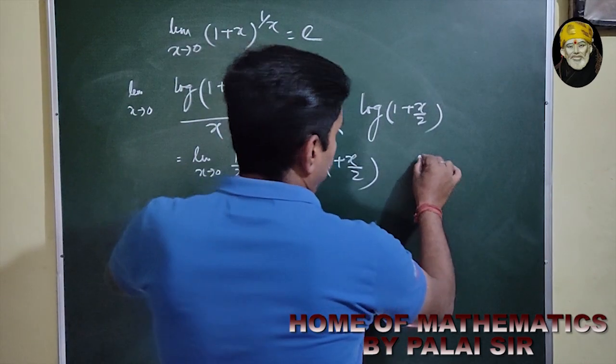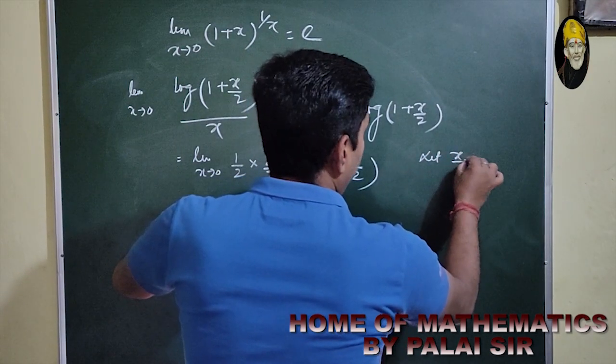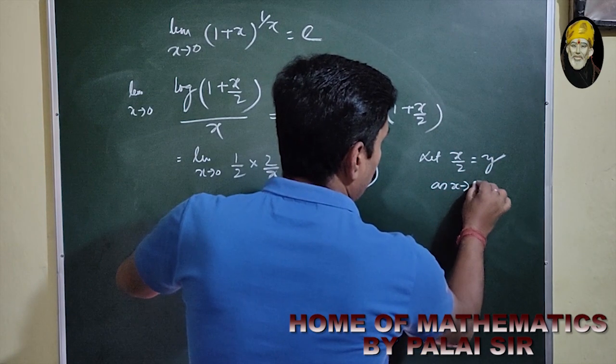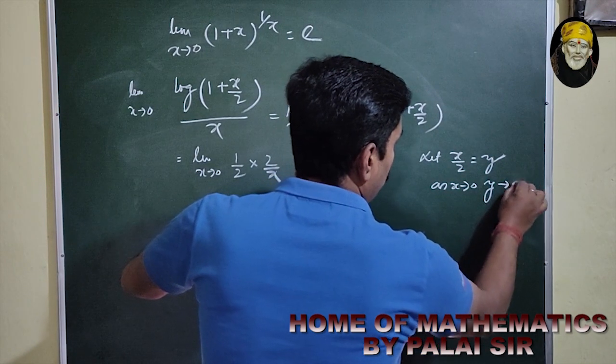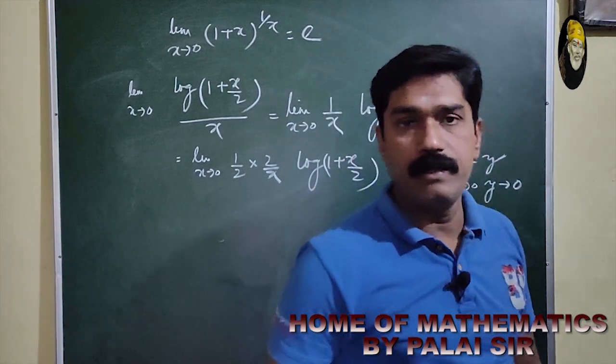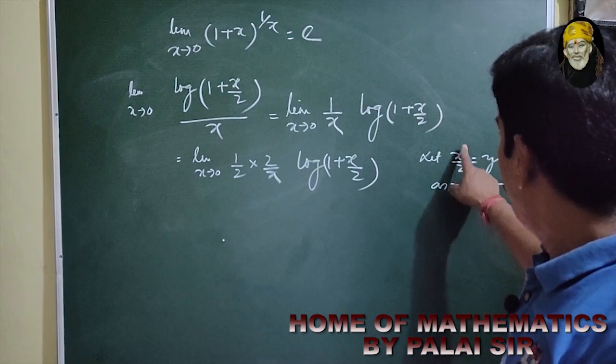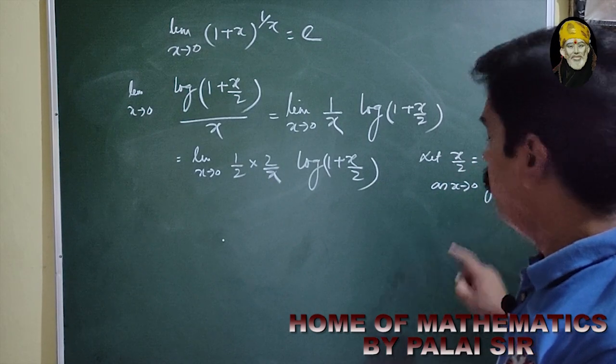You take here let x by 2 equal to y. As x tends to 0, y tends to also 0. Clear? Any doubt here? If we take x by 2 as y, then when x is 0, 0 by 2 is also 0, so the value of y also became 0.